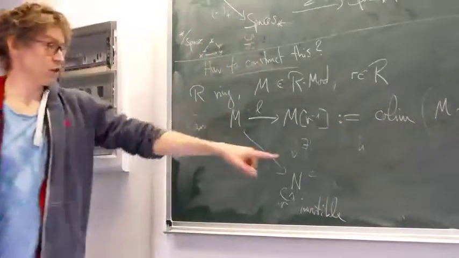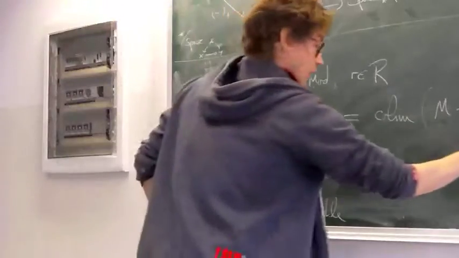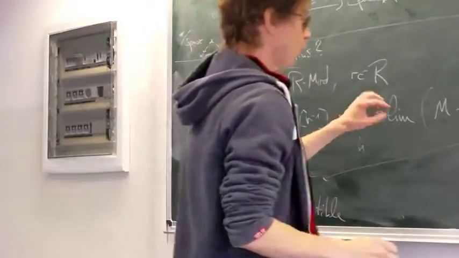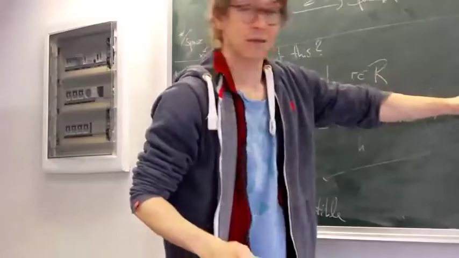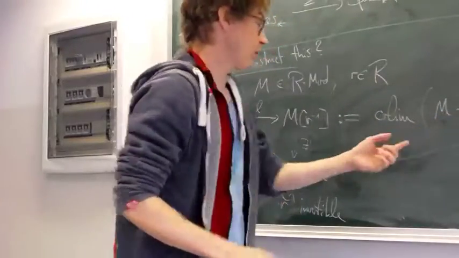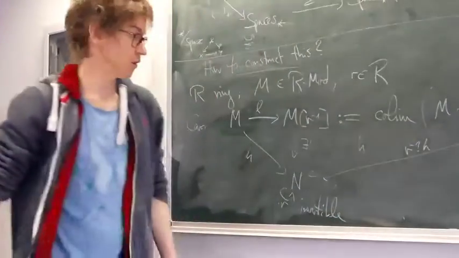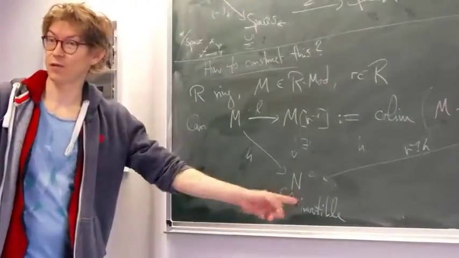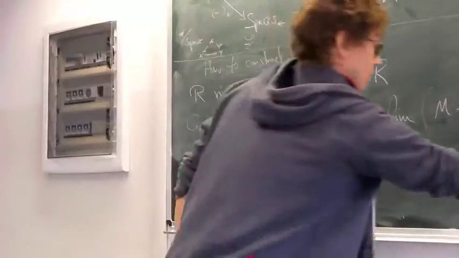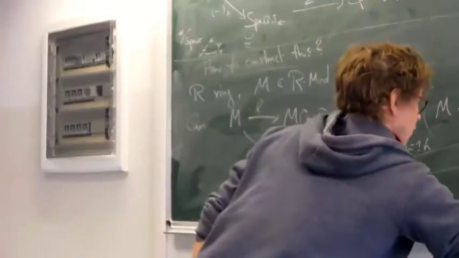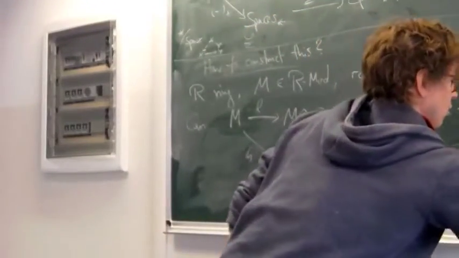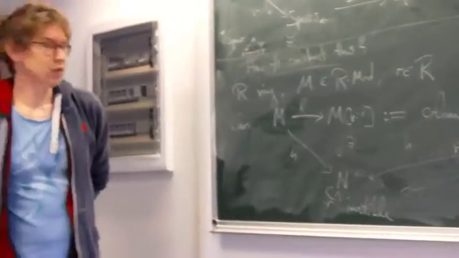And for this to commute, I just have to apply H again. Now, if I go from M here and want this to still commute, then I have to apply R to the minus 1 H, which I can because here there's an inverse to this. And so on. This defines a map here.